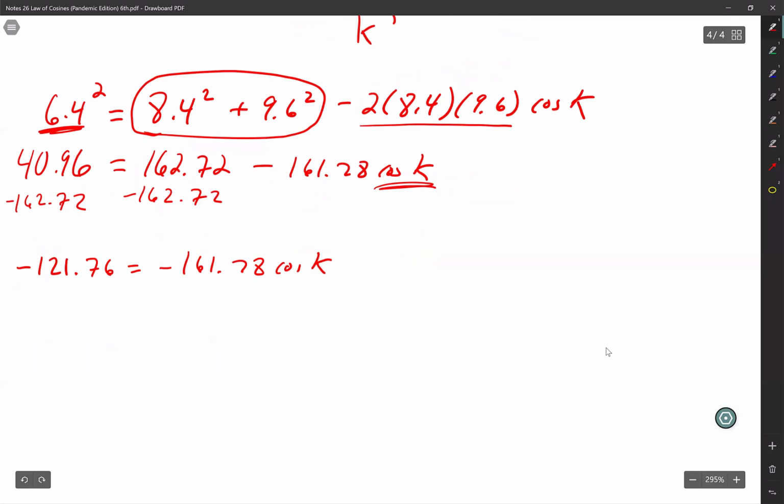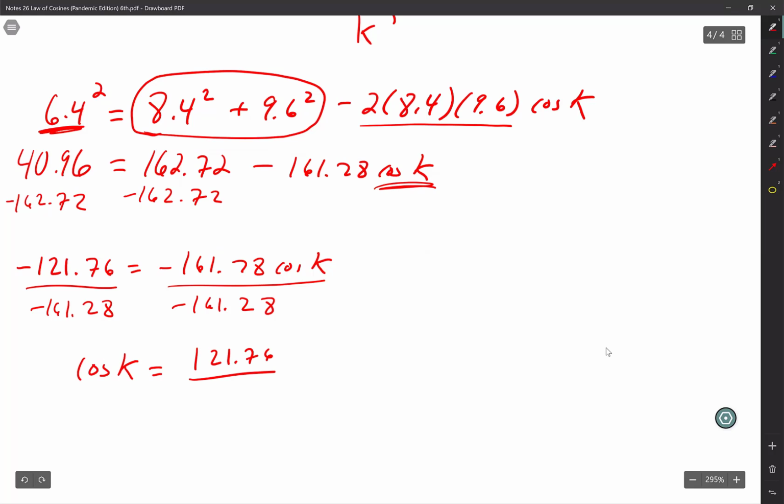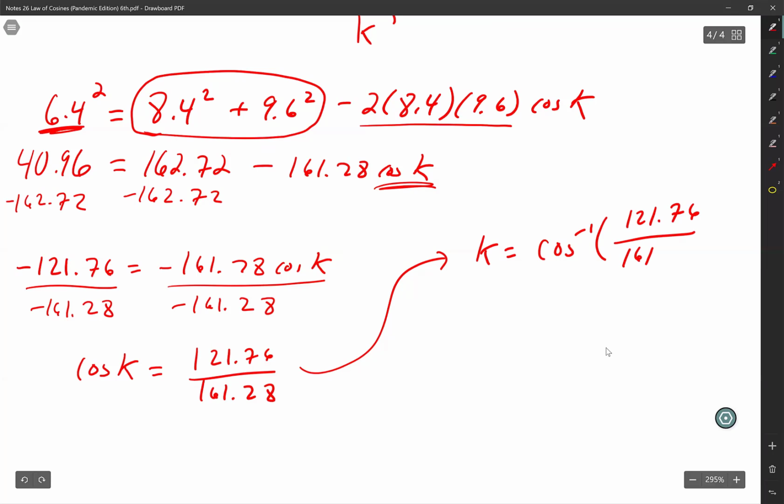I'm going to get cosine K by itself by dividing by negative 161.28. Negative divided by negative is a positive. So I have cosine K equals 121.76 divided by 161.28. And then finally, for my last step, K is equal to arc cosine of 121.76 divided by 161.28.